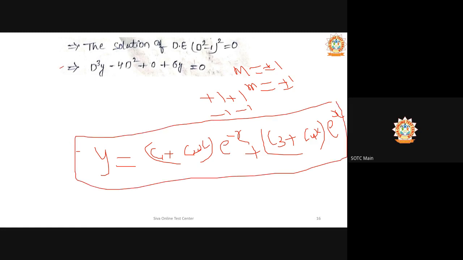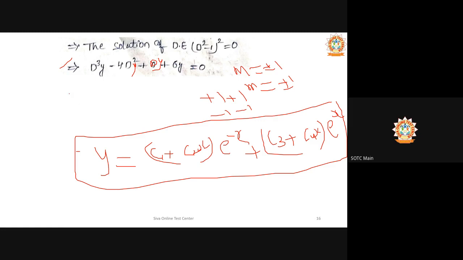Now try to see the next one. d cube y minus 4 d square y plus dy plus 6y is equal to 0.